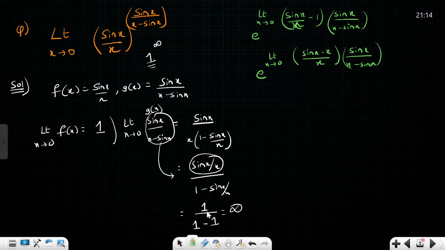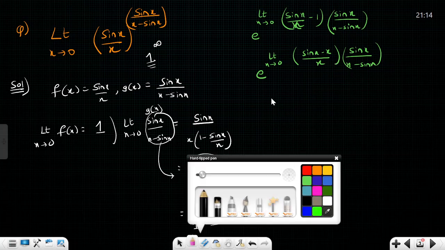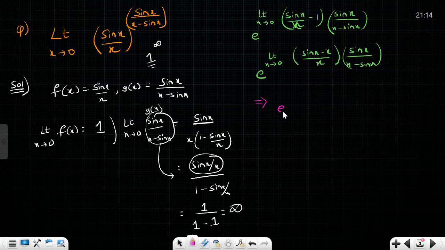Any doubt, Shivant? No, sir. So this can be written as e power limit x tends to 0 of sin x minus x by x. So put it like that, this will cancel, minus 1 times. So you will be getting minus sin x by x, that is minus 1, that is e power minus 1.